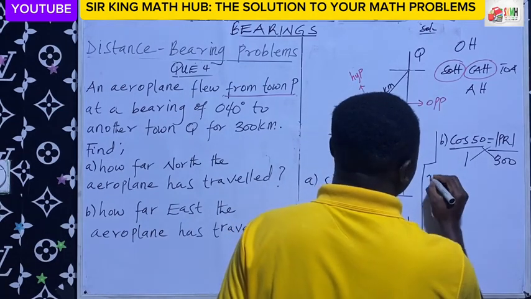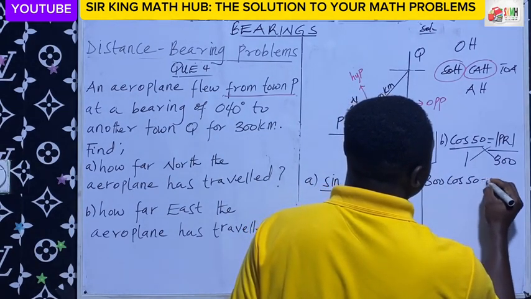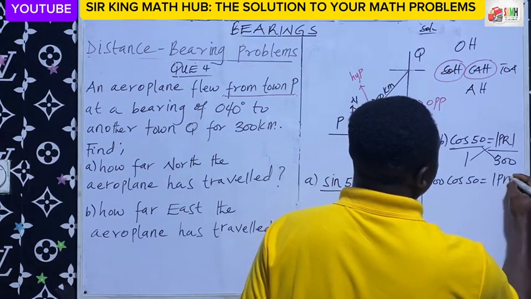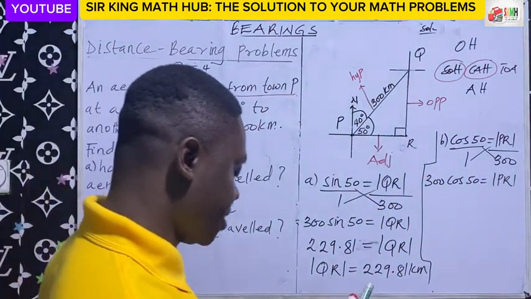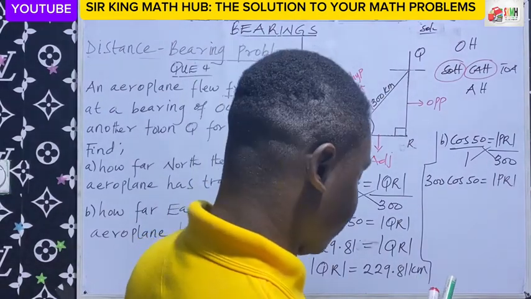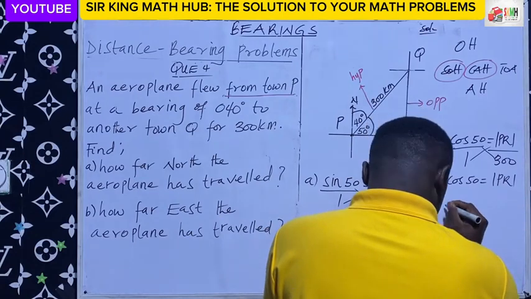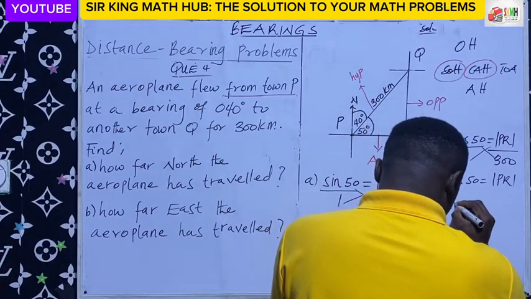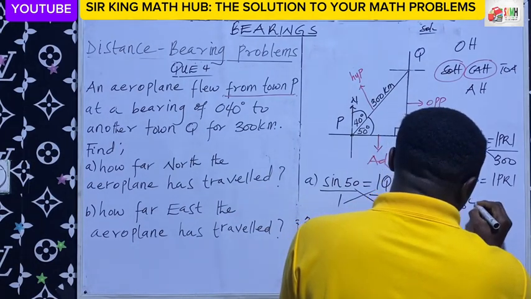So we now have 300 cos 50 is equal to the length of PR. Again, from our calculator, what is 300 cos 50? 192.84.